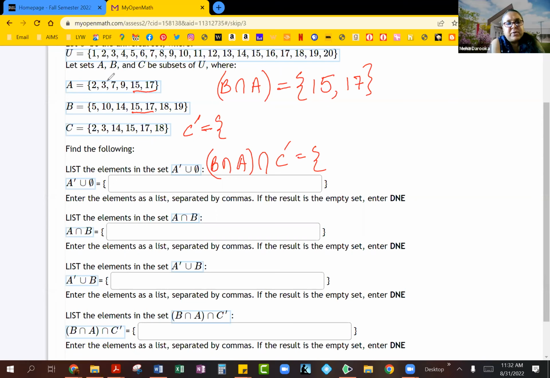Okay, so let's take a look over here, guys. So in C, you have 2 and 3, so that gets canceled out from the C complement. Okay, Destiny, all righty. Then 14, 15 are in C, so they cannot be in C complement. And same thing with 17 and 18. So that leaves us with, and then most of you, of course, already had this, the one, sorry, not here.